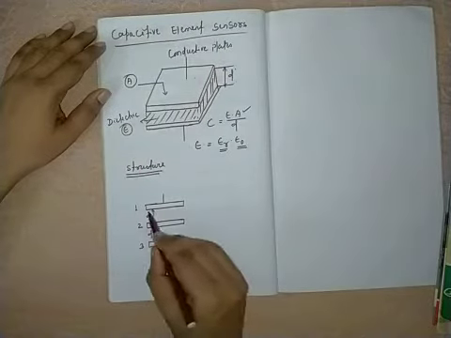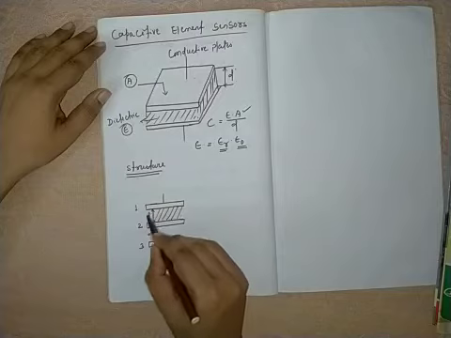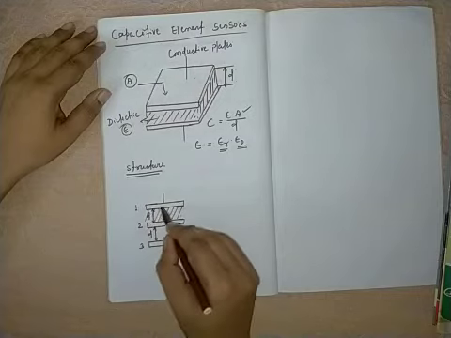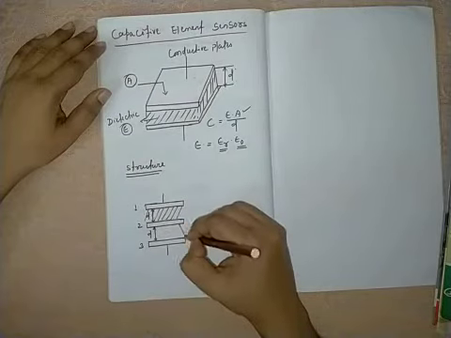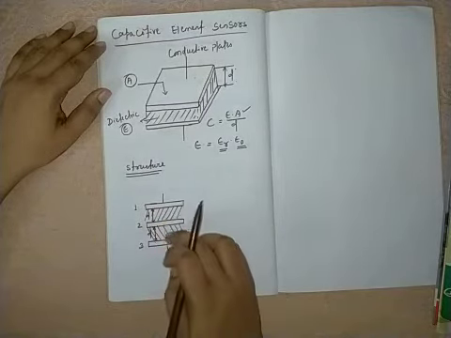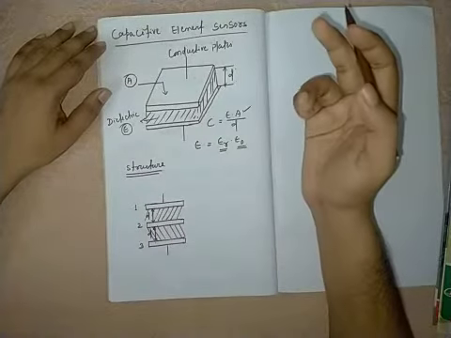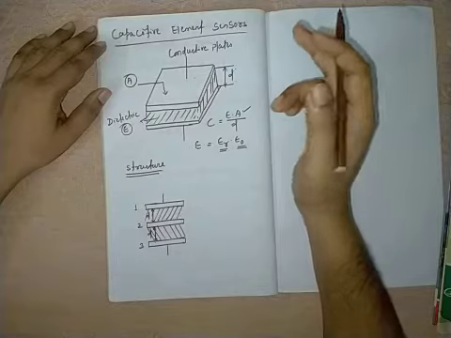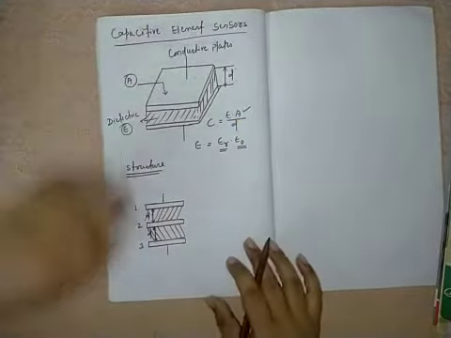Similarly, if there is dielectric filled between plate number 1 and plate number 2, this pair 1 and 2 will be one capacitor, and similarly suppose dielectric is filled between plate 2 and 3, so this 2 and 3 pair will be another capacitor. So there will be 2 capacitors here.